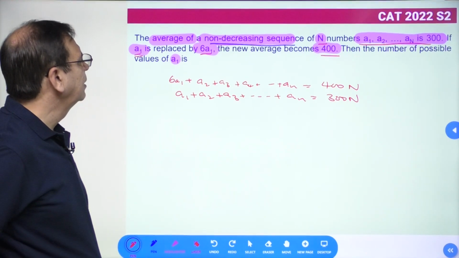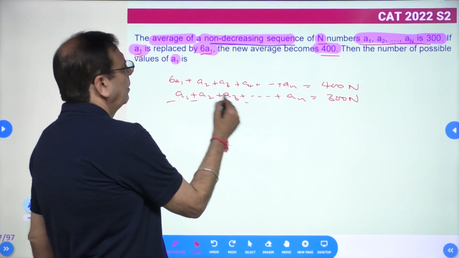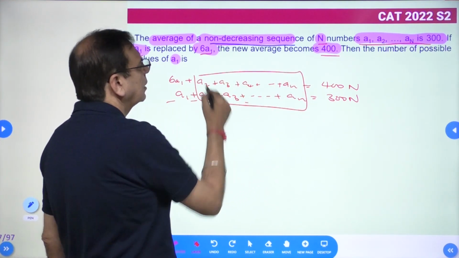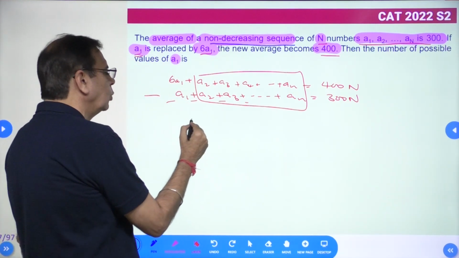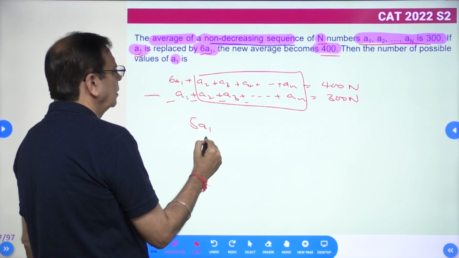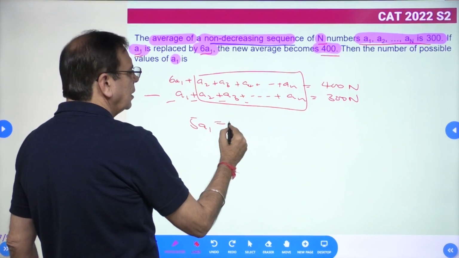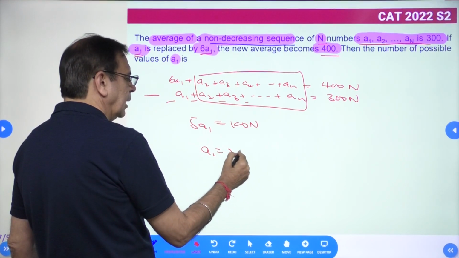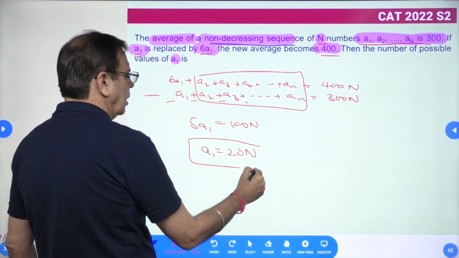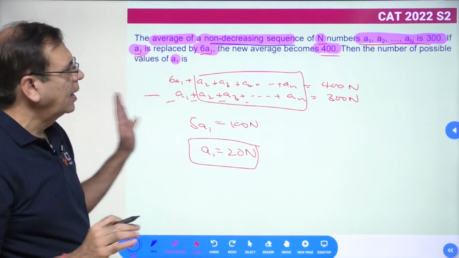You can see what we need to do? We need to subtract, because all these terms are the same. So if I subtract the second equation from the first equation, what do I get? 5A1. This should be equal to 400 minus 300, 100n. Or A1 is equal to 20n. So we have A1 equal to 20n.